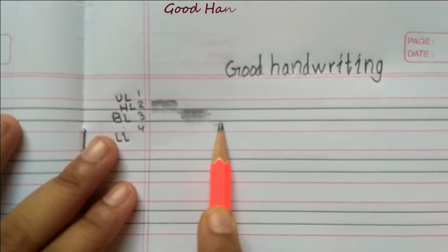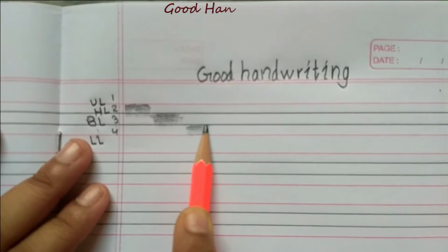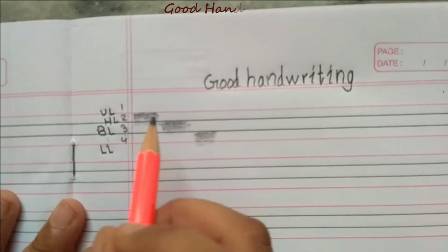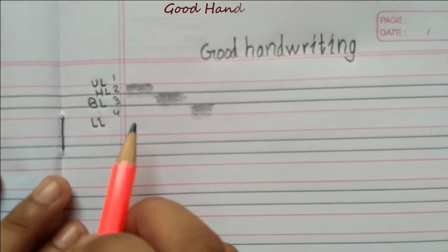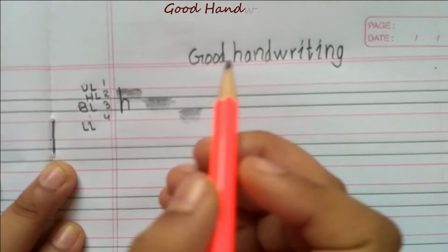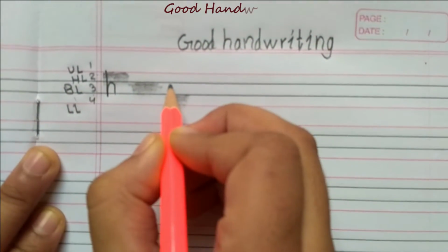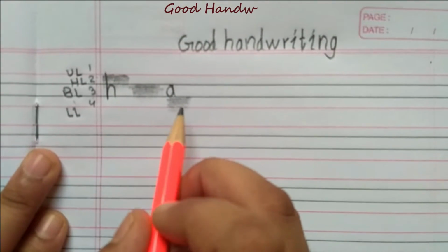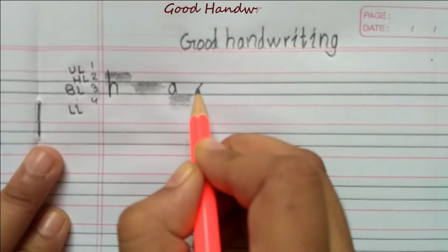This is the lower zone area. We have to write upper zone letter. I am writing the letter H. Middle zone letter A. And the lower zone letter G.